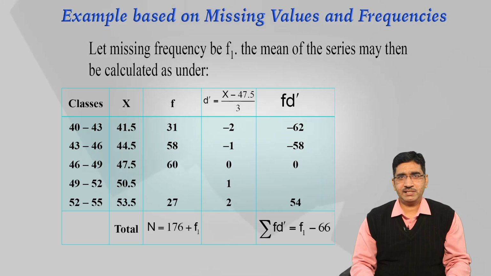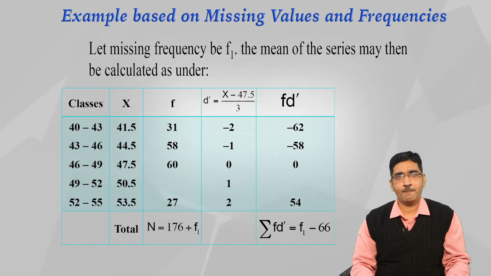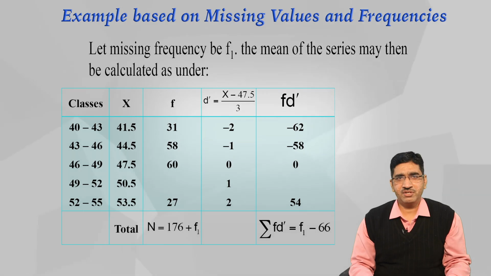Now, the di value, that is the deviation, is calculated in the 4th column. We have selected 47.5 as the assumed mean, and then we have taken the deviation from the x values and divided by 3, as the class interval is 3. In the next column we multiply these deviations with the corresponding frequencies.